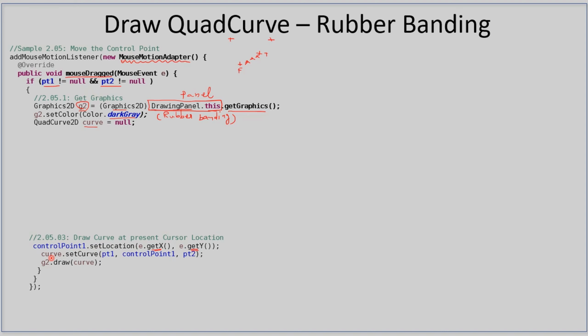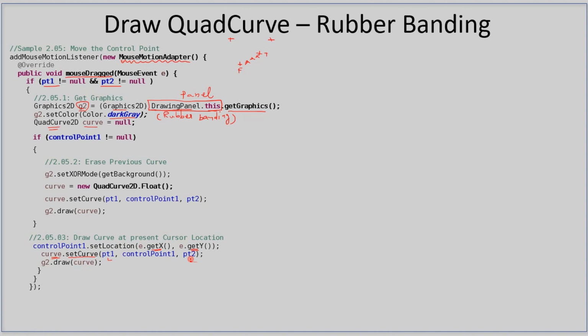After that, the curve is nothing but the quadratic curve. We are making a call to the setCurve method. So this setCurve method requires 3 points. This is point 1 for the line. This is also point 2 for the line, and this one is the control point. After that we draw the curve.